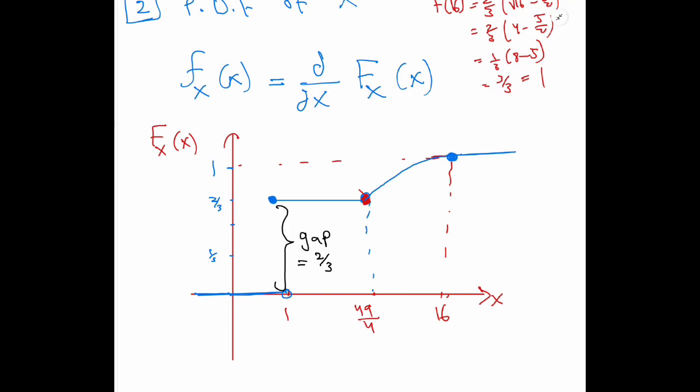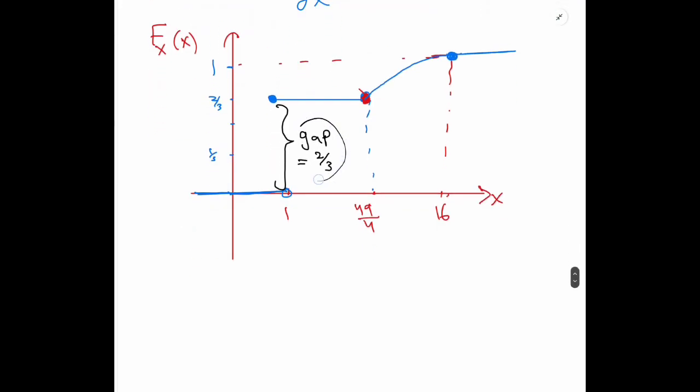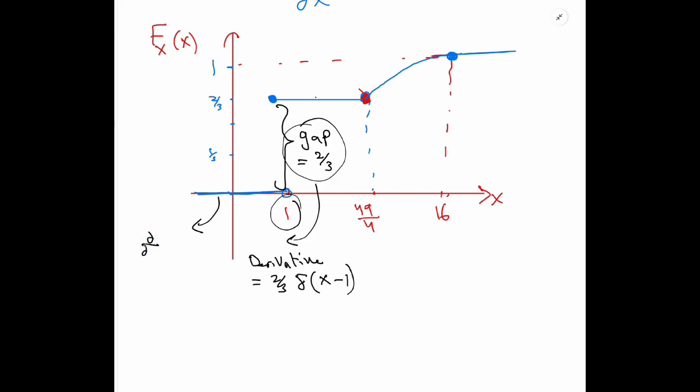When you take the derivative, the derivative is equal to 2/3 delta(x minus 1), placed at 1. The derivative of the constant piece, d/dx of this function, is equal to 0.